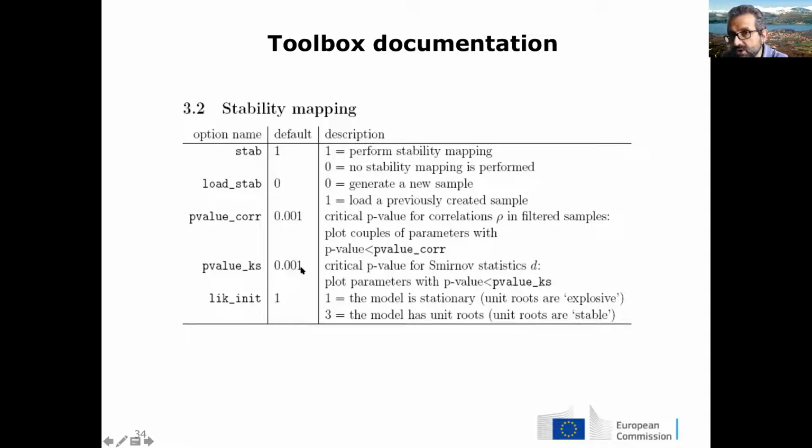So we only plot parameters for which the null hypothesis is rejected at a p-value smaller than 0.001. And also, when we compute the correlations, we only consider correlations that are significantly large at a p-value smaller than 0.001.